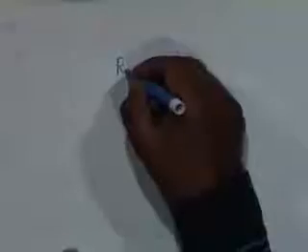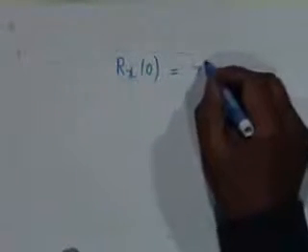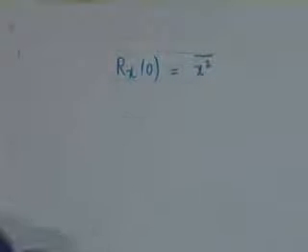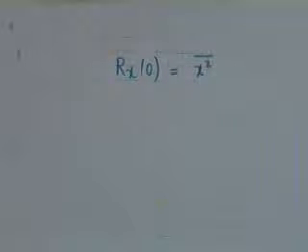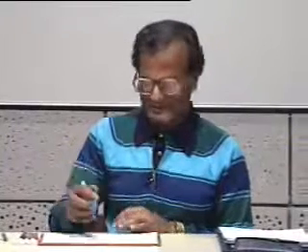If I recall what I did on autocorrelation, we had shown that Rx of 0 is equal to x squared bar. As you will see later, cross correlation functions do not have a relation like this.